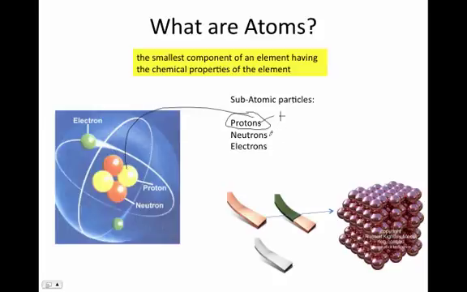Neutrons, which carry no charge, are also inside the nucleus of an atom. And then electrons, which are negatively charged, are located outside of the nucleus. These three subatomic particles help make up what an atom is. By definition, it's the smallest component of an element having still the chemical properties of that element.